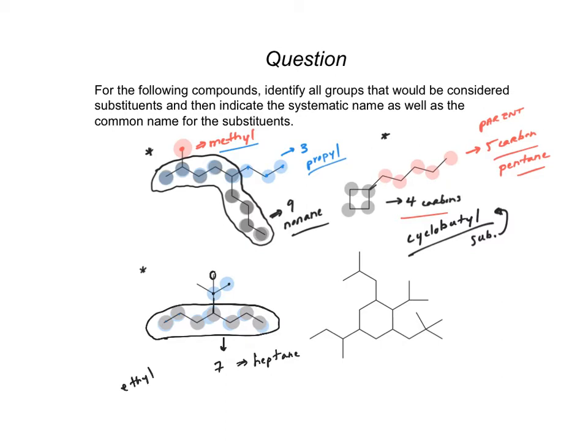But then we have a methyl and a methyl branching off of it, right? So we would say this is 1, 2. We have 2 methyls, so we'd use a prefix called di. So this would be dimethyl. So this would be 1,1-dimethyl ethyl, right? Which is sucky and terrible.